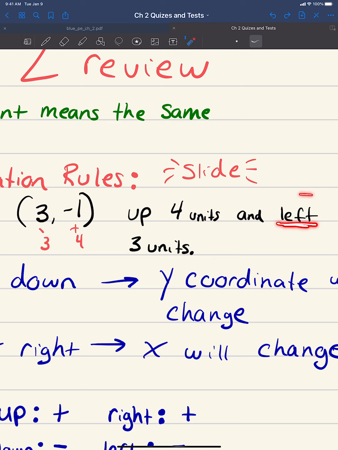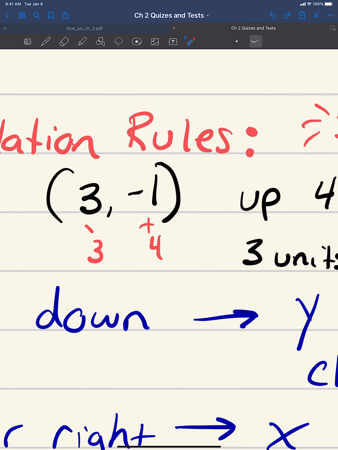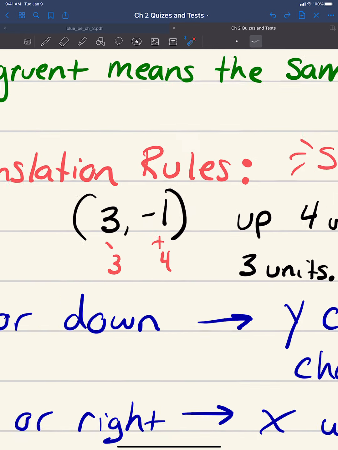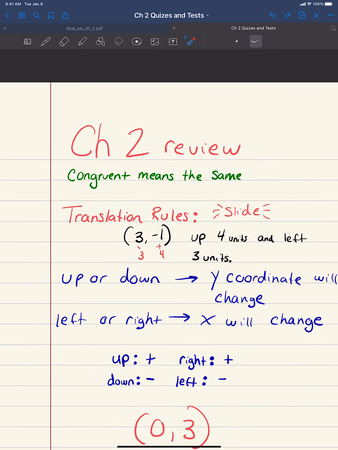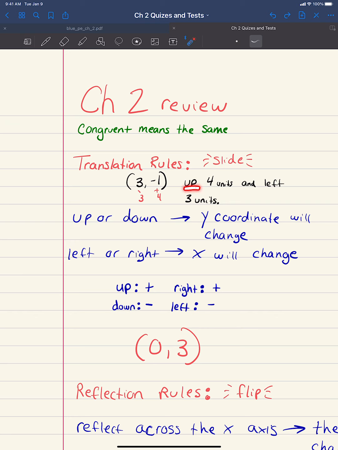Left means I'm dealing with the x coordinate, and left also means subtract. So I went to my x coordinate and I subtracted, okay? That's how we use those rules. Up means y, left means x, up means add, left means subtract. Okay? Any questions on translations?